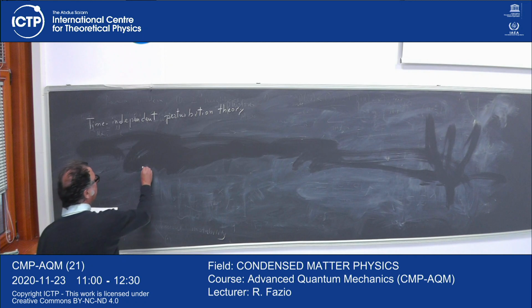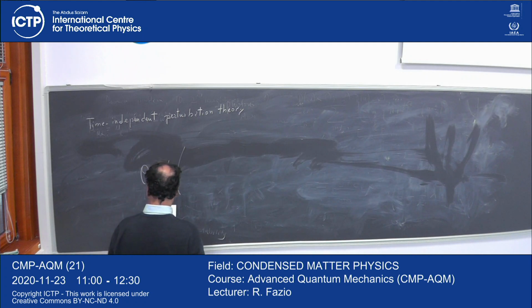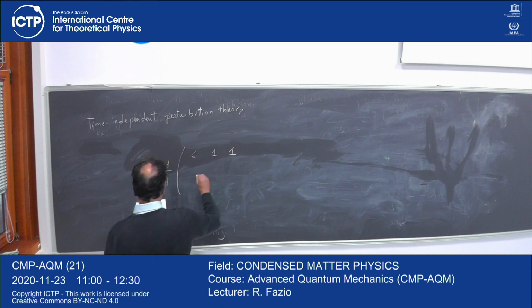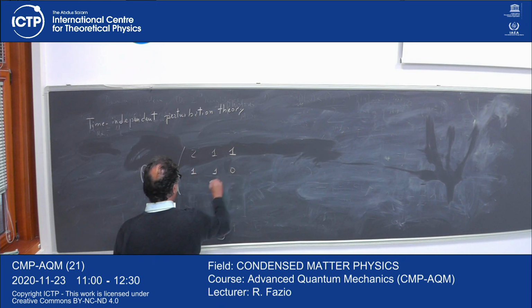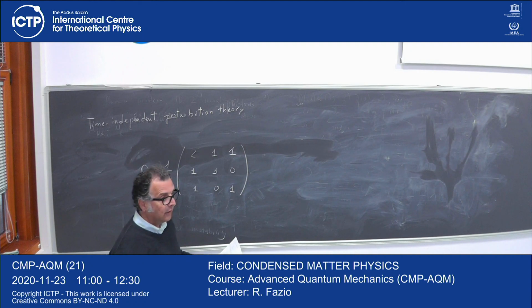So the density matrix was this one, rho equal to 1/4 times the matrix with rows 2 1 1, 1 0 1, 0 1.